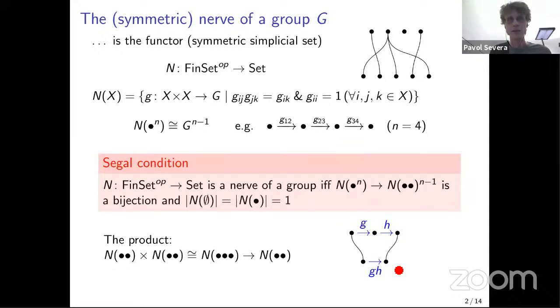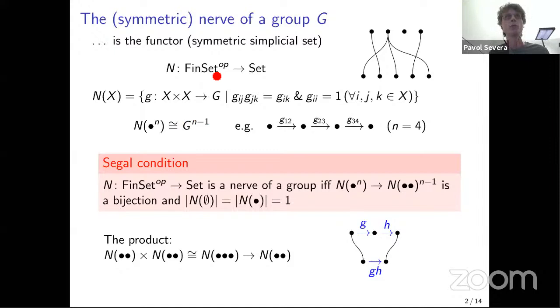Okay, and now I'll try to do the same, but for commutative Hopf algebras. A commutative Hopf algebra should be thought of as just the algebra of functions on a group. That's basically the end of the story. So let's say our commutative Hopf algebra will be the algebra of functions on G. Then we will define the nerve as the algebra of functions on this thing.